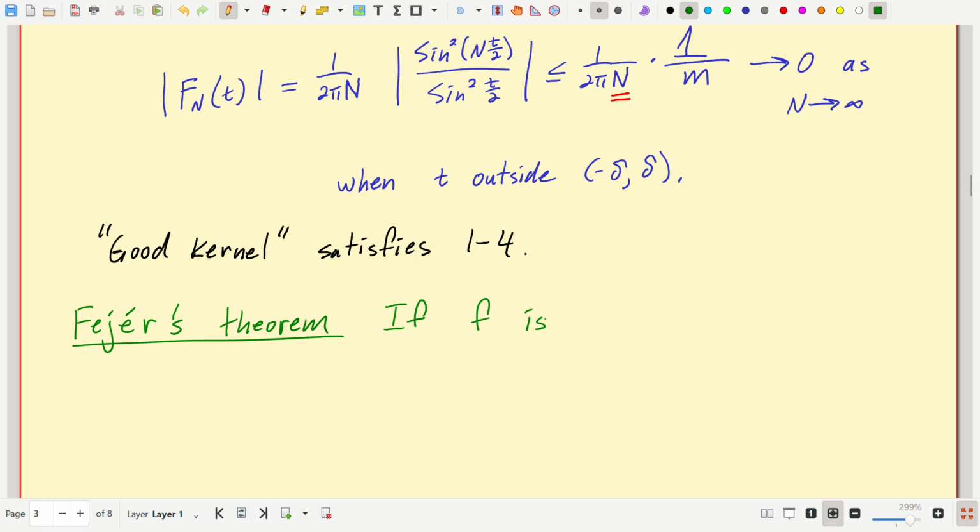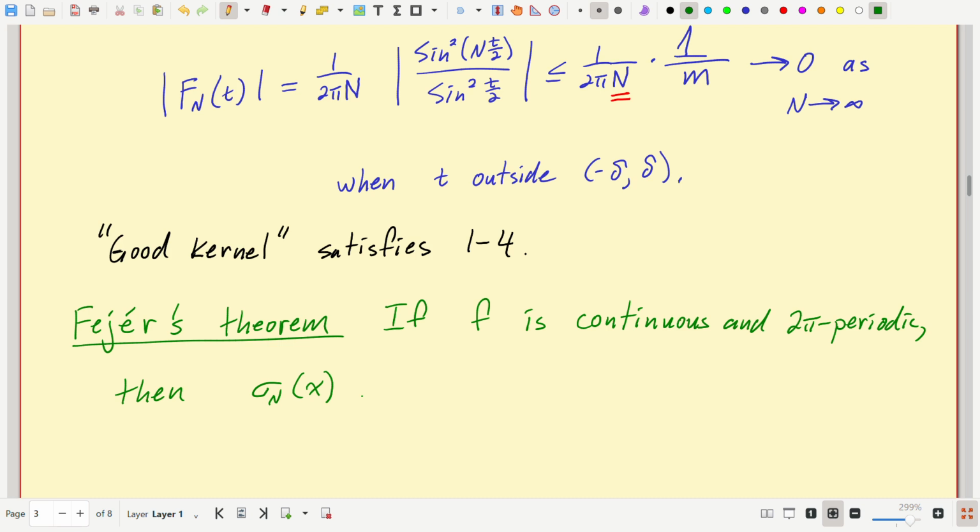If f is continuous and 2 pi periodic, on the whole real line, then the Fejér things, we use the word trigonometric polynomials.